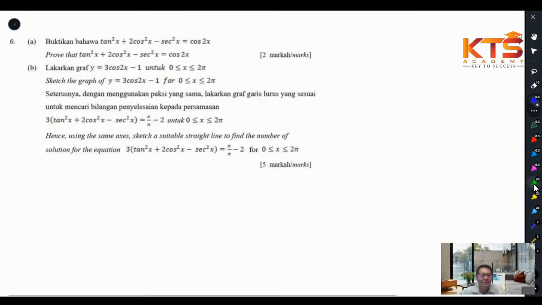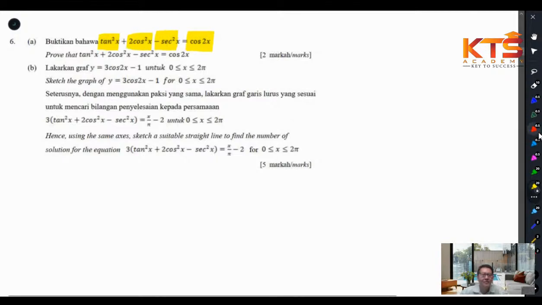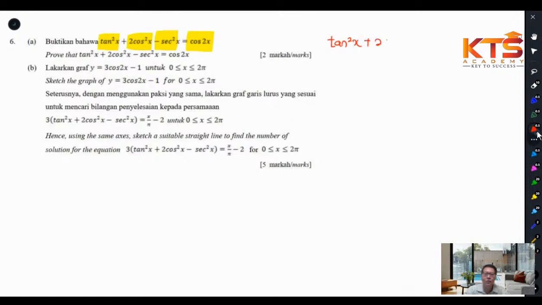Buktikan bahawa tangent square x plus 2 cos square x minus secant square x equals cos 2x. Okay, looks familiar, right? This is what I want to prove.